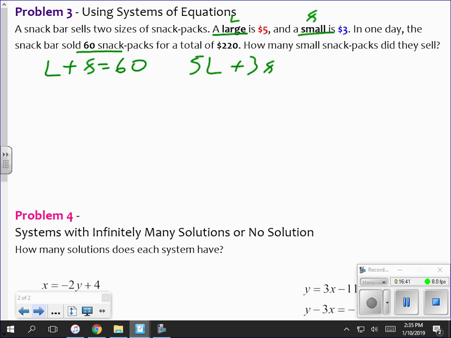And how much money did I make altogether? $220. Okay? That's what you do.